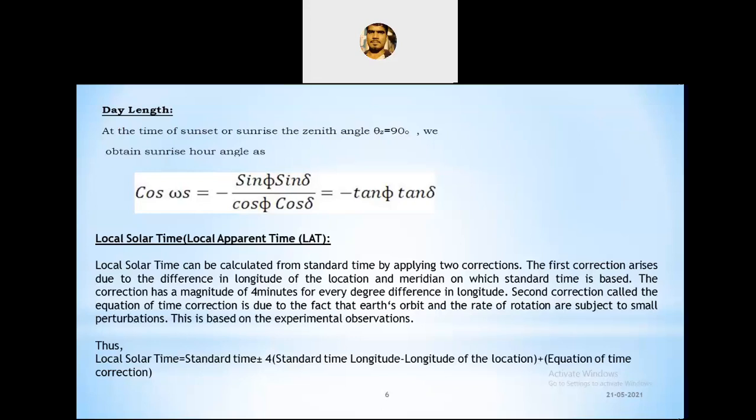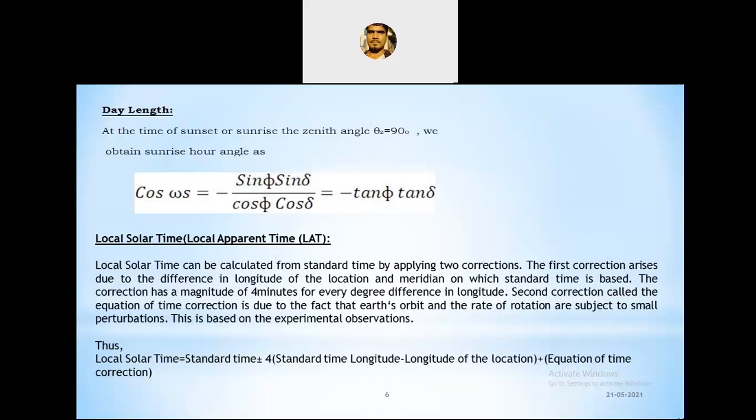Substituting this in the equation, we get the hour angle omega s. The day length means the period from sunrise to sunset during which solar radiation falls continuously on the earth.